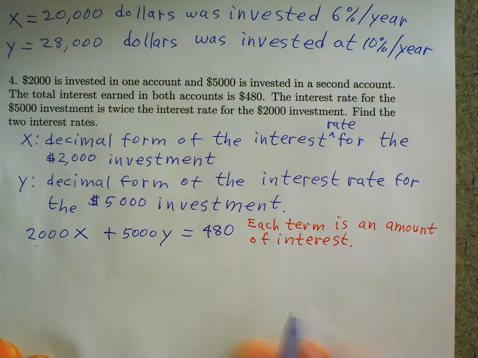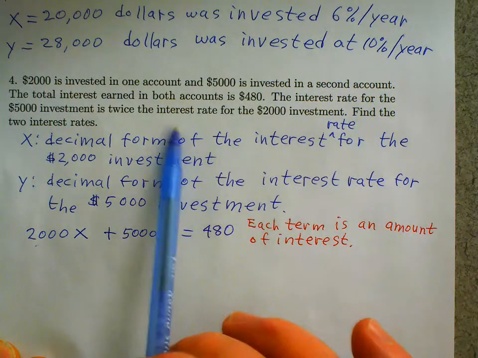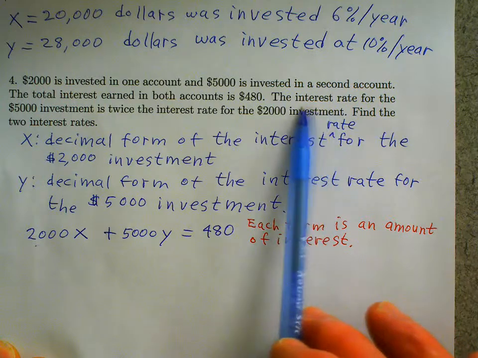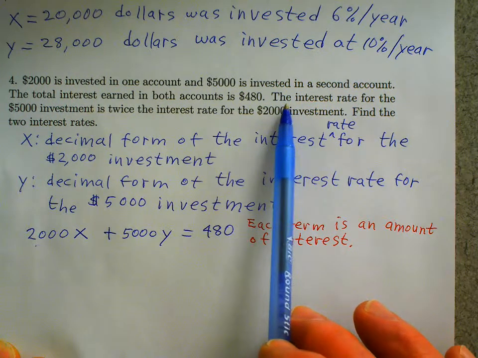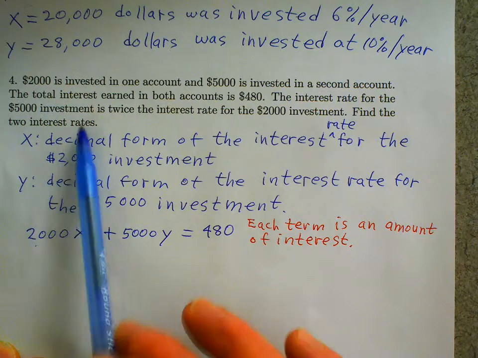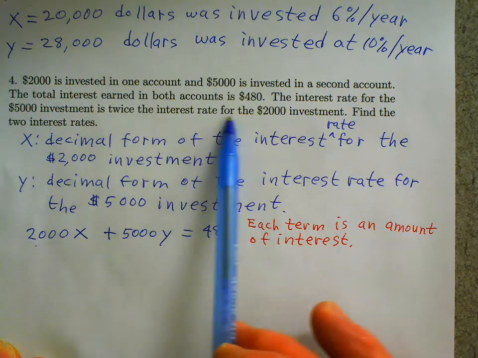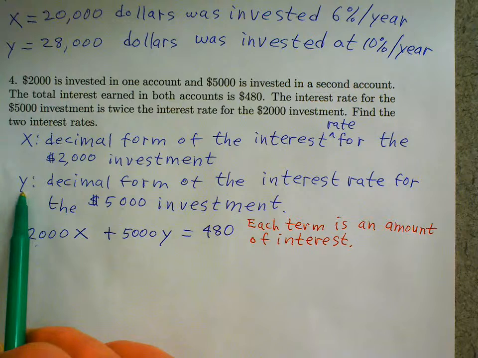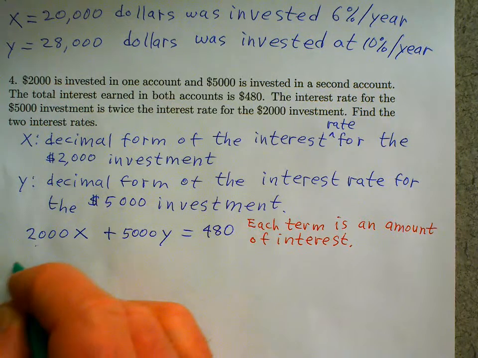Okay, then in the third sentence, we're given information about the interest rates. It says the interest rate for the $5,000 investment is twice the interest rate for the $2,000 investment. So that's like saying, the interest rate for the $5,000 investment, we're using Y to represent that.